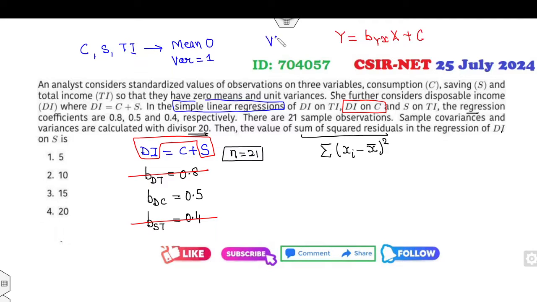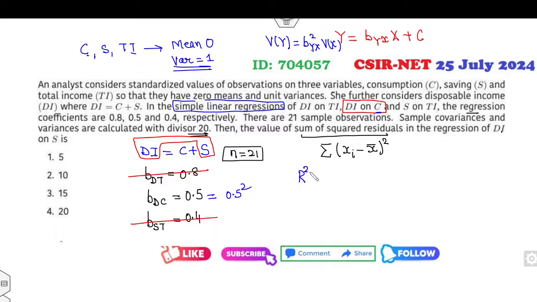Now can you find the variance of y? Variance of y will be byx square times variance of x, meaning C. Variance of C is my 1. Byx will be my 0.5, squared. Fine. So now that's over.